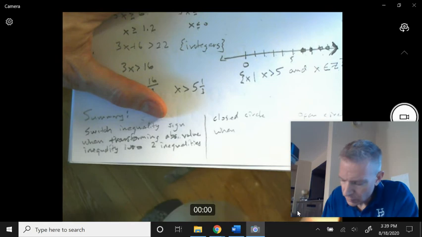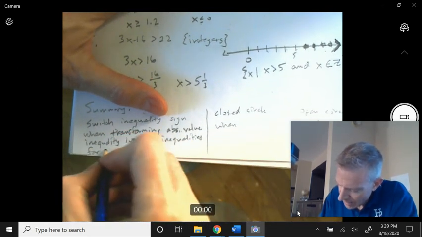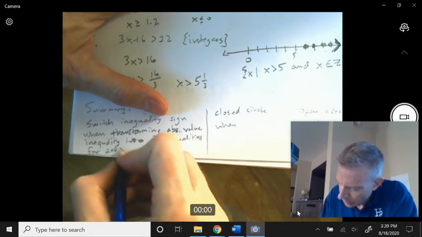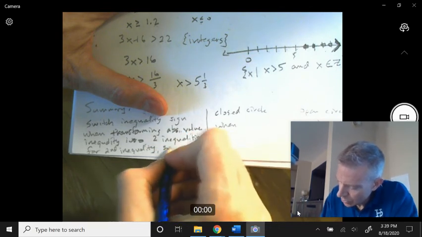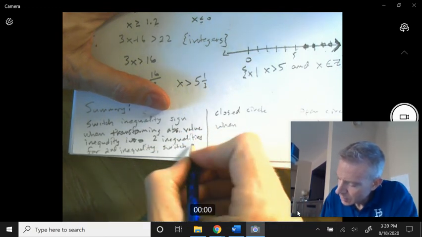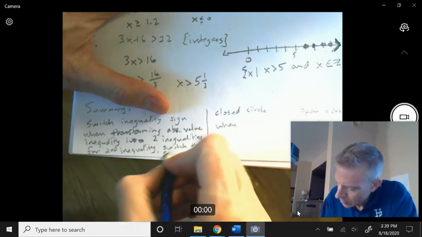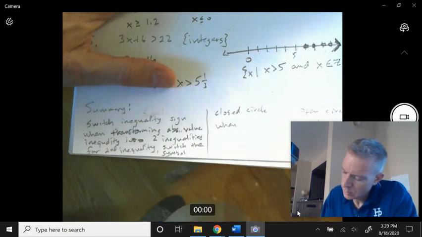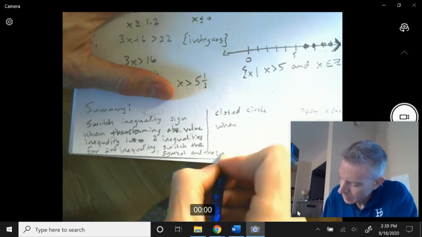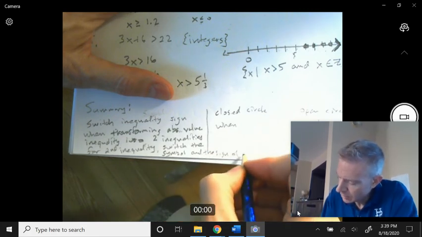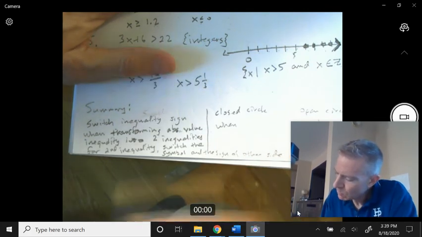The first one we leave alone, and for the second inequality, you switch the inequality symbol and the sign of the other side. I think that's the best we can say.